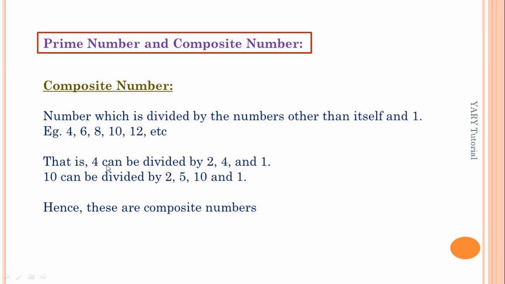It means 4 can be divided by 2, 4 and 1. 10 can be divided by 2, 5, 10 and 1. Therefore, these numbers are called composite numbers.